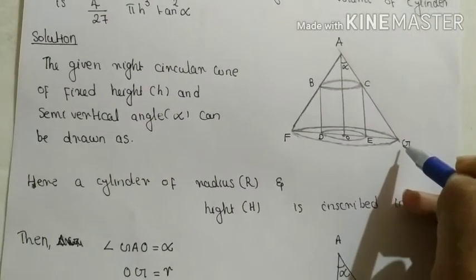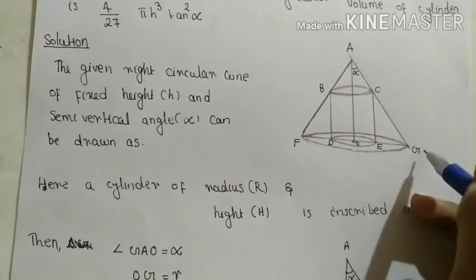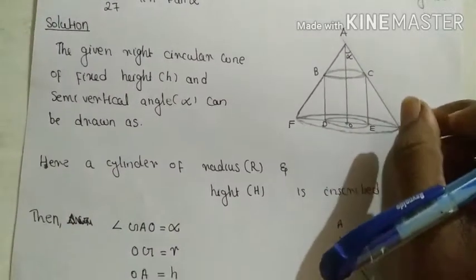Now let us look at these two triangles, triangle AOG and triangle CEG. These two triangles are similar.